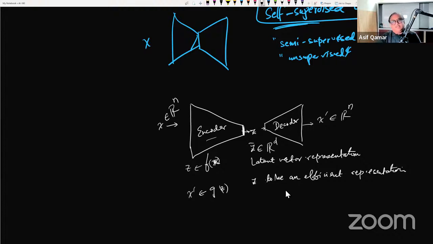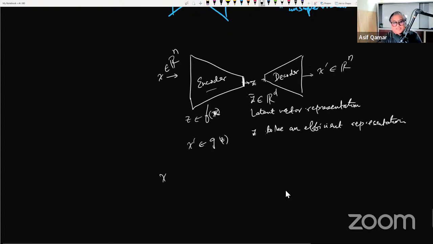What are the uses? For example, you can do compression. Data compression is a very obvious use. What other uses did we come up with? You remember what other things you could do? Denoising you could do. How did you do denoising? One easy way to do denoising is don't send X, but instead send X plus some noise sampled from a normal distribution, right?